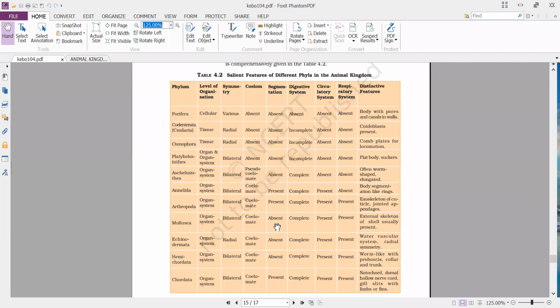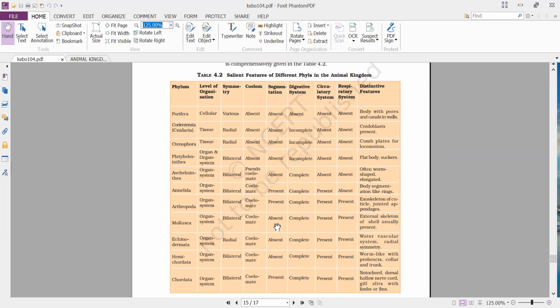In molluscans, most of them have the open type, with only a few exceptions having the closed type, like octopus. In echinoderms also we'll find the open type, but in hemichordates and chordates we'll find the closed type of circulatory system.